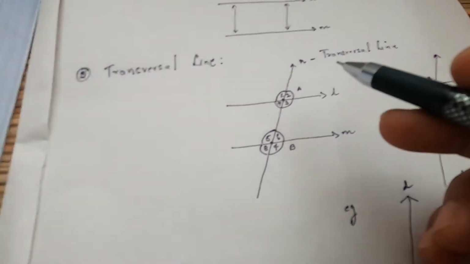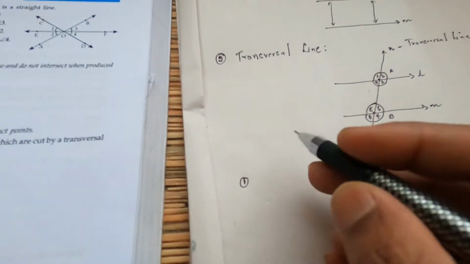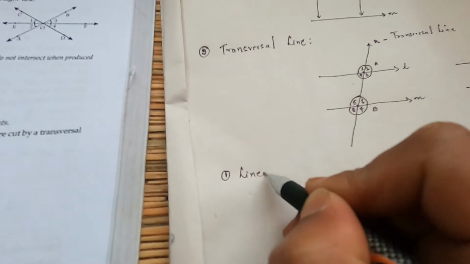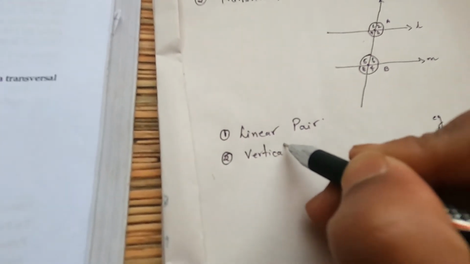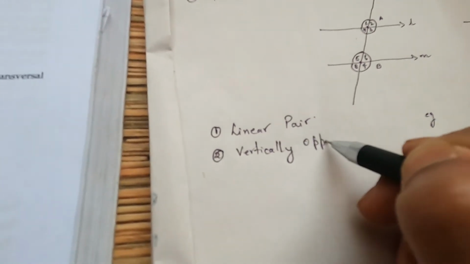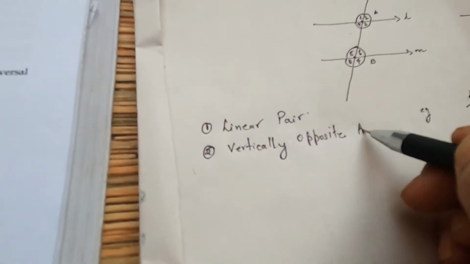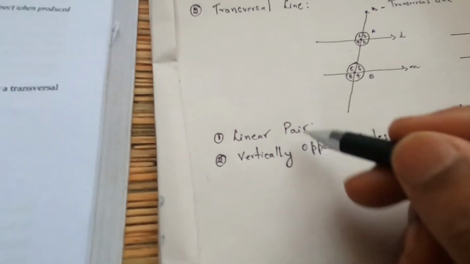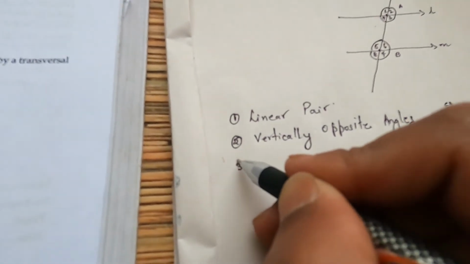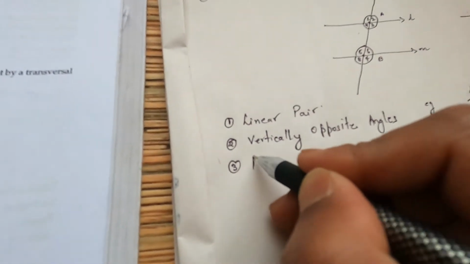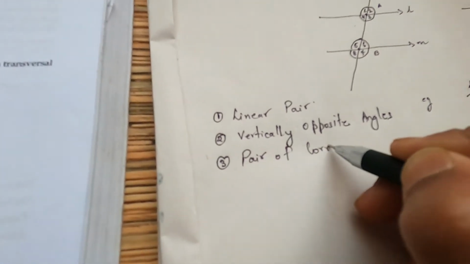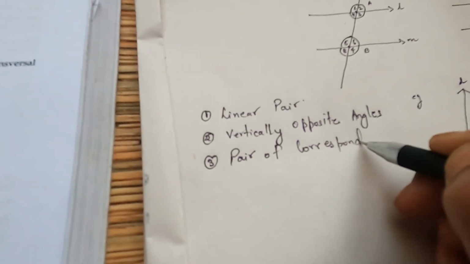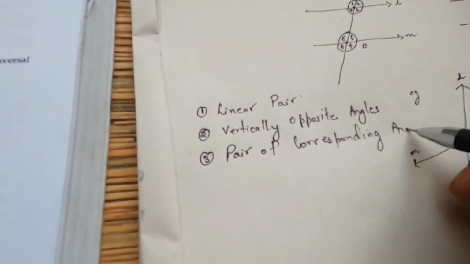So number one, the first pair of angles is linear pair. Number two is vertically opposite angles, as we have done in the earlier topic. Then number three, which is very important, pairs of corresponding angles.